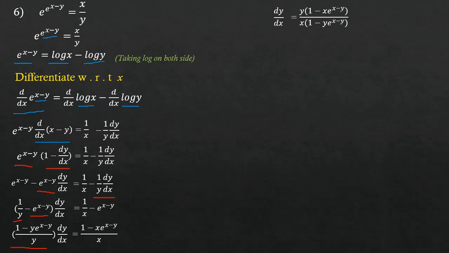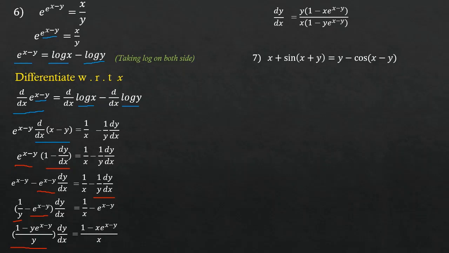This concept is very basic, I hope you all know this. So we get our final answer of dy by dx is equal to y multiplied by 1 minus x e raised to y upon x multiplied by 1 minus y e raised to x minus y. This is our answer of dy by dx.